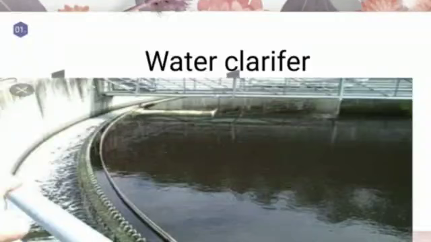See, water clarifier. As you can see in the picture, water clarifier. Then air is pumped into the clarified water to help aerobic bacteria to grow. Now bacteria consume human waste, food waste, soaps and other unwanted matter still remaining in the clarified water.